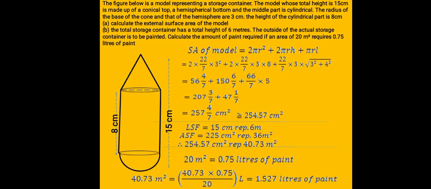What it means here is that having the linear scale factor, I've squared the linear scale factor, that is 15 squared to get 225, and I've squared 6 meters to get 36. So an area scale factor of 225 represents an area of 36 meters. Now let's relate the facts.